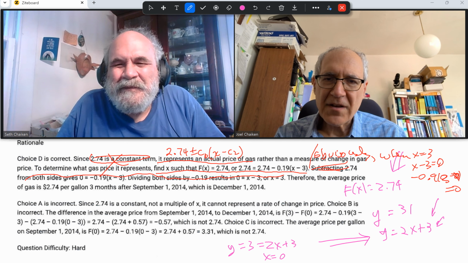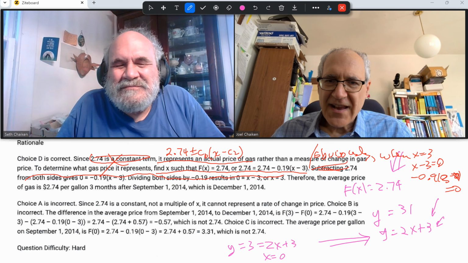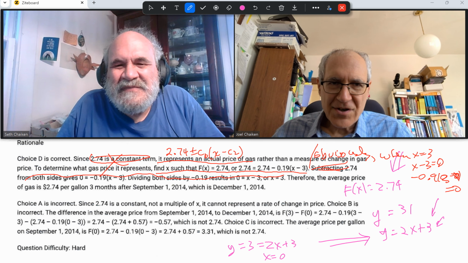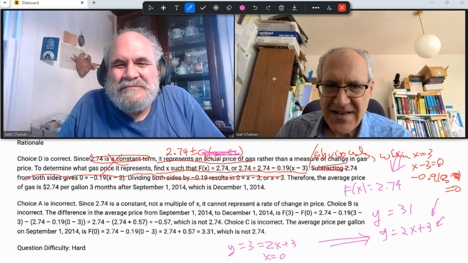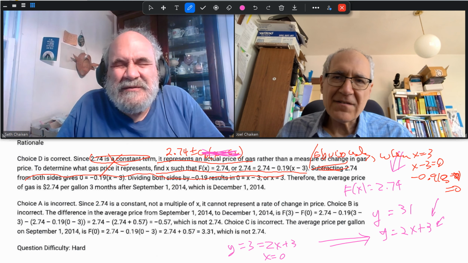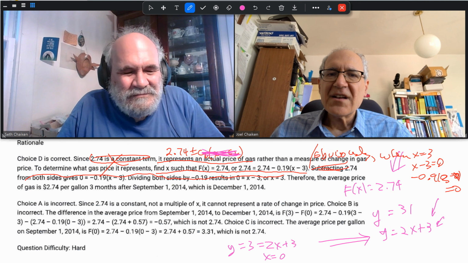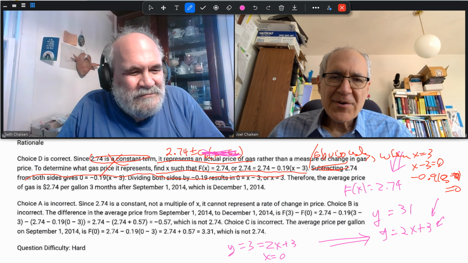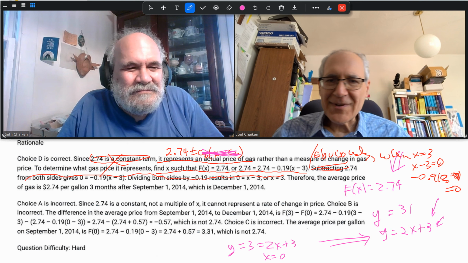No, I think the key to this problem really is the pattern. If you notice that x is 3 knocks that term out, knocks this whole thing out, then you immediately get the answer. And that has to do with having some experience in observing what's going on in a linear equation. Don't forget to play around a little bit, relax, and say, what's going on here?